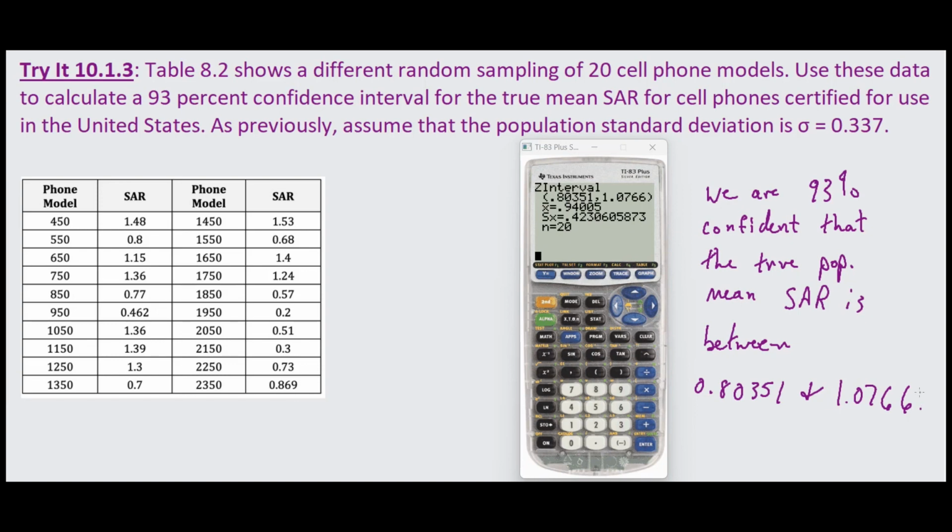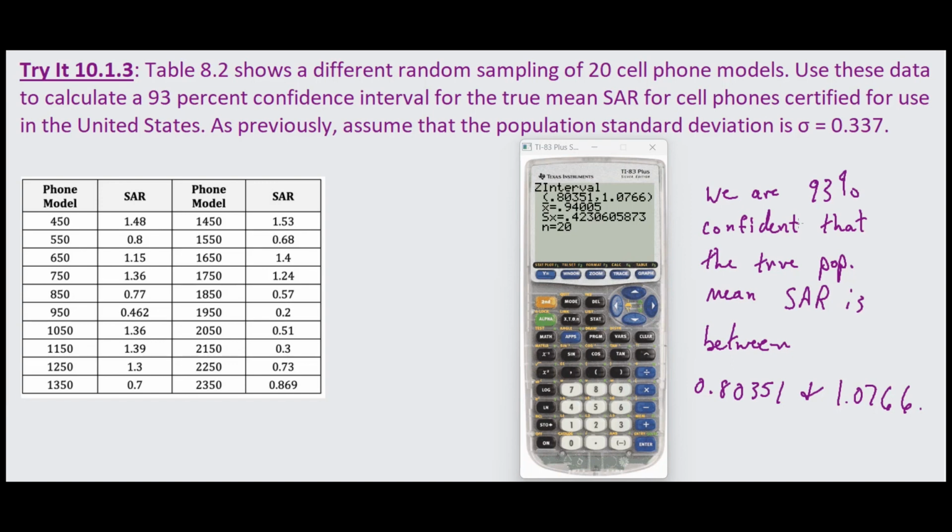And remember, we don't want to state that there's a 93% probability, or chance, or odds, or anything of that sort, because the 93% confidence is in the method used. This means that if we took samples of 20 from the entire population, all of the samples, and performed this confidence interval, 93% of the time, it would contain the true population mean.